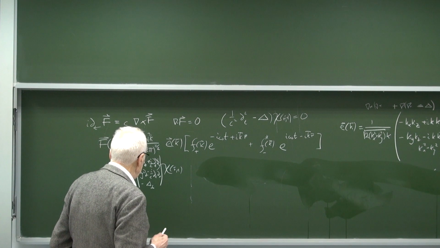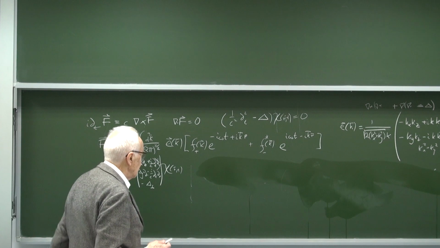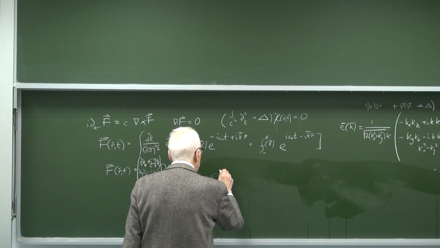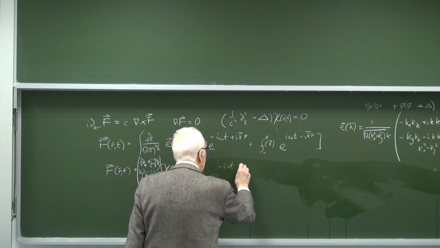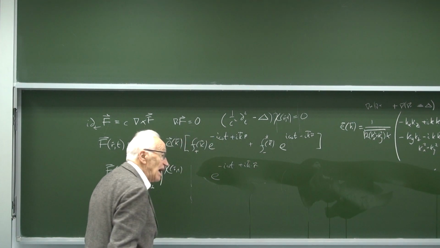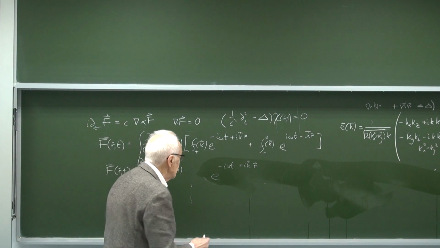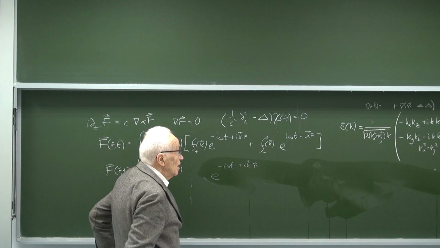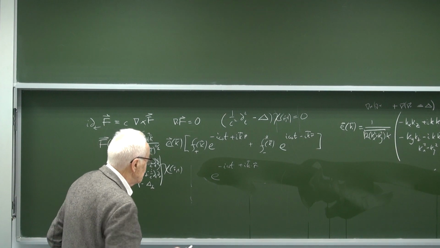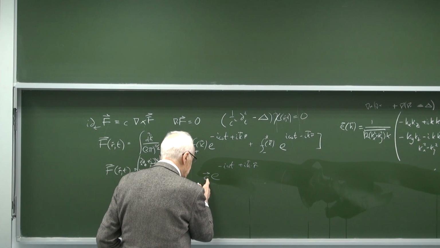So what is the simplest application of this whole construction? Choose just the straightforward plane wave, e to the minus i omega t plus i k r. What will happen? Very simple. The derivatives will act. They will reproduce here the polarization vector, and we will have the solution of the plane wave type in the form polarization vector.